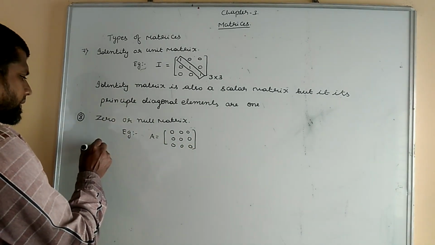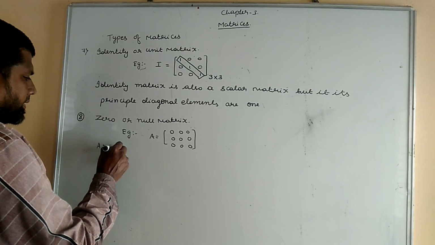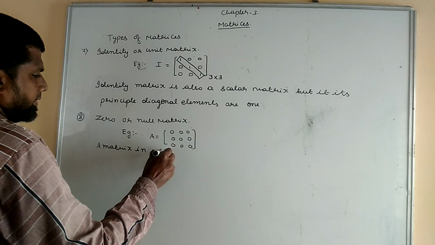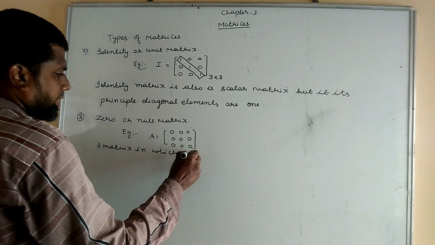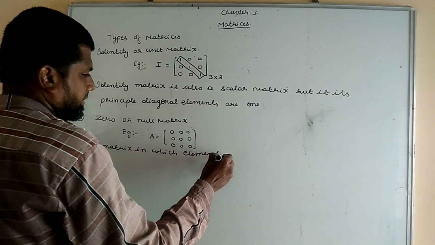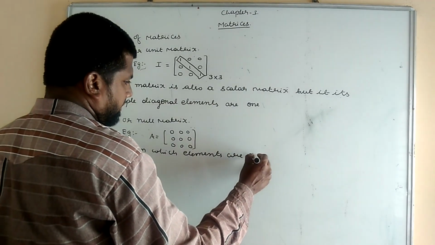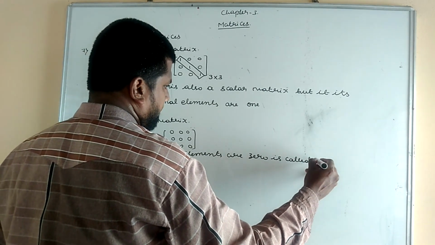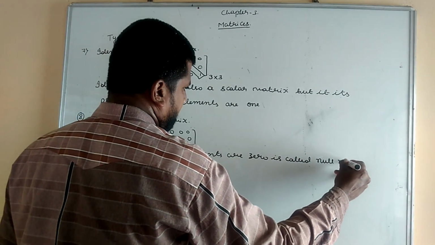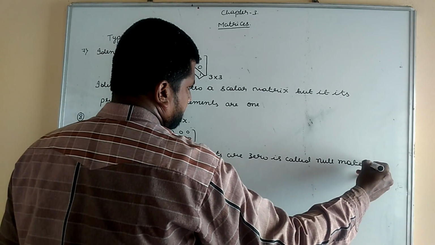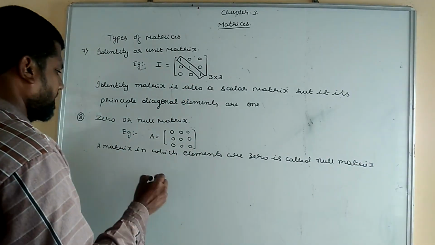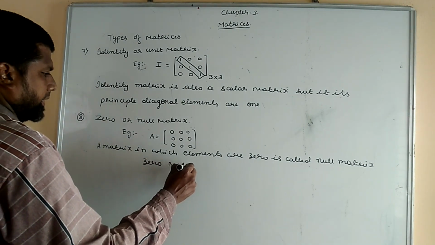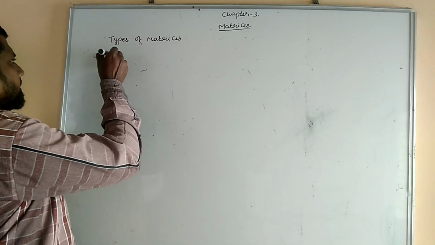A matrix in which all elements are 0 is called a null matrix or zero matrix.